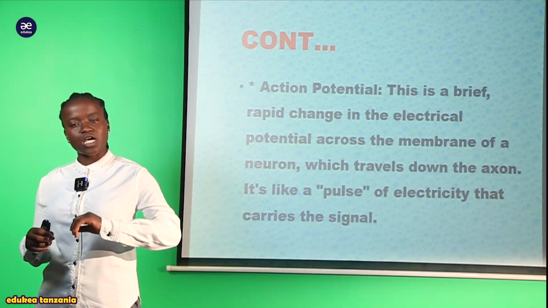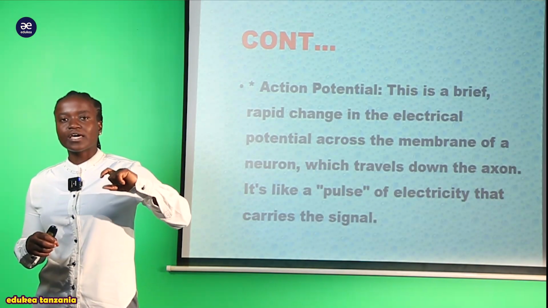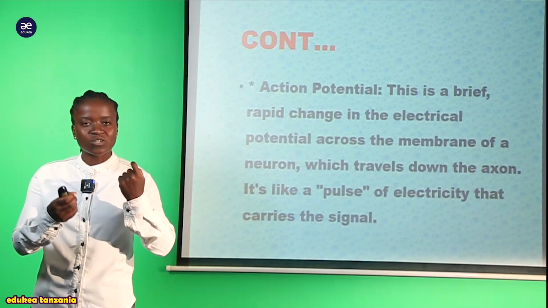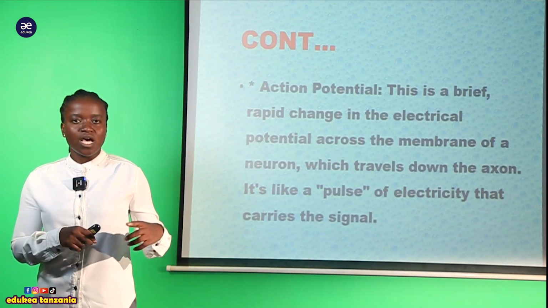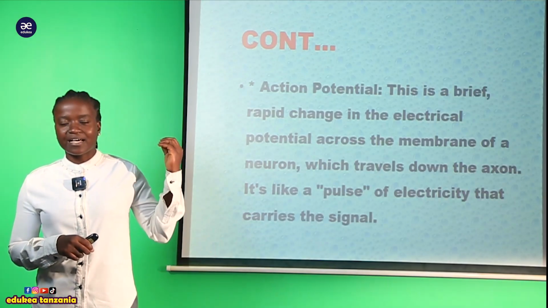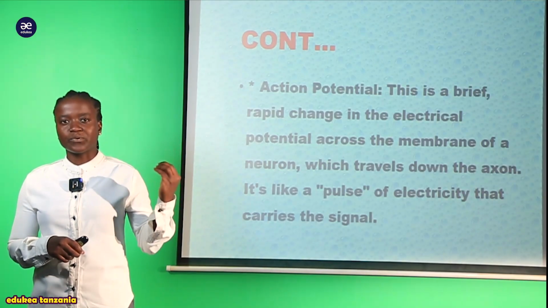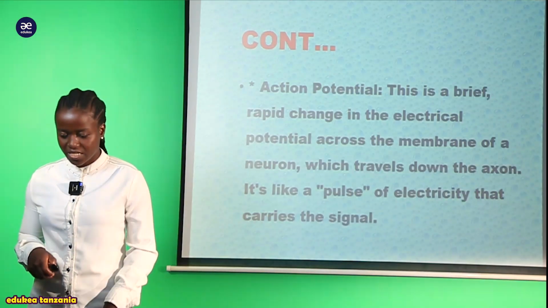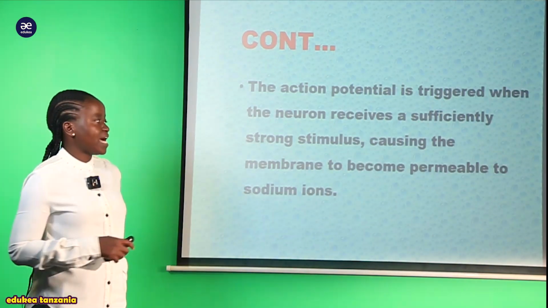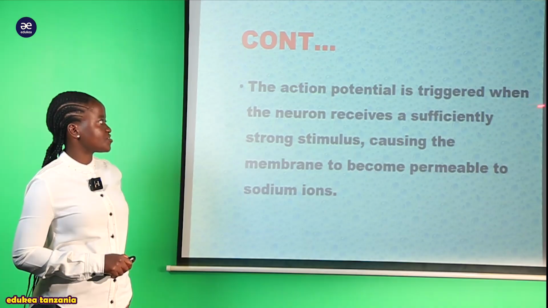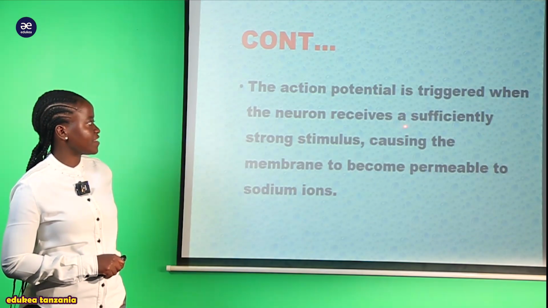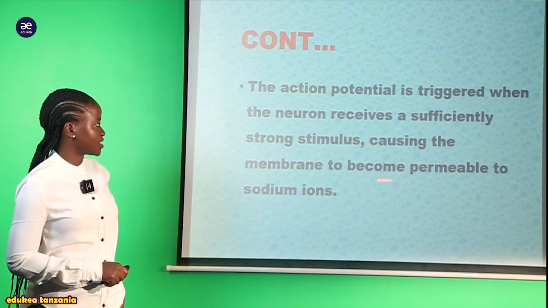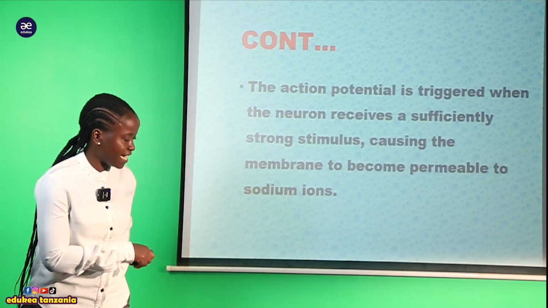Kile kitendo sasa cha axon to carry out the information and cause different kinds of changes that are occurring within the wall of the axon, ndio ambayo sasa tunaita action potential, kwa maana kwamba neuron inakuwa inafanya kazi ya kutransmit impulse. And here we can say that the action potential is triggered when the neurons receive a sufficiently strong stimulus, causing the membrane to become permeable to sodium ions.